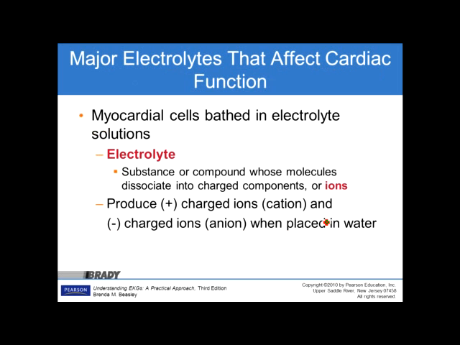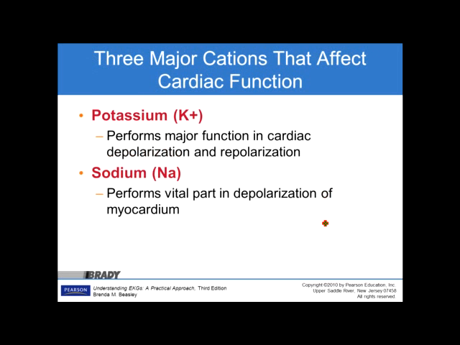Major electrolytes that affect cardiac function. An electrolyte is a substance whose molecules dissociate into charged components or ions. They produce a positive cation or a negative anion when placed in water. Major cations that affect cardiac function are going to be potassium, which is pretty much inside of the cell, and sodium, which is pretty much outside of the cell.